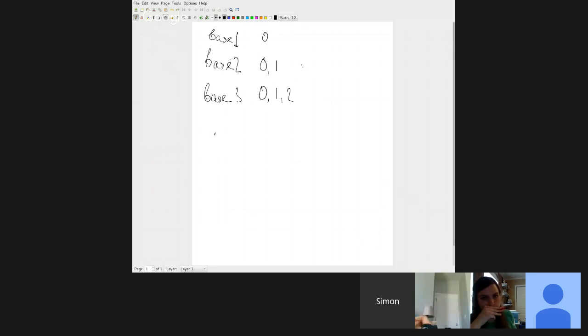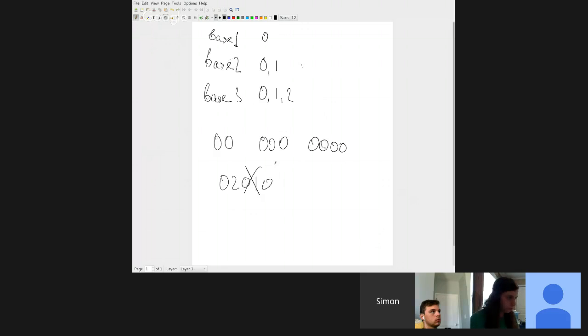So for example, a good example of a base 1 number system would be this, or this, or 4 zeros, or any other number of zeros. As long as your characters are zeros, you're okay with base 1. But if one of those characters, for example, becomes non-zero, then this is not a valid representation of a number system with base 1.